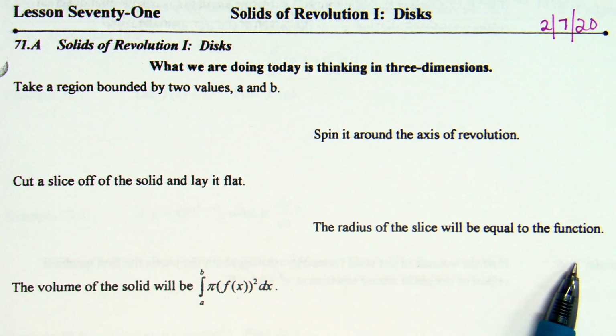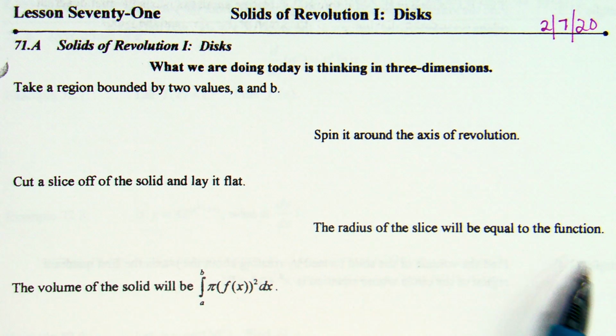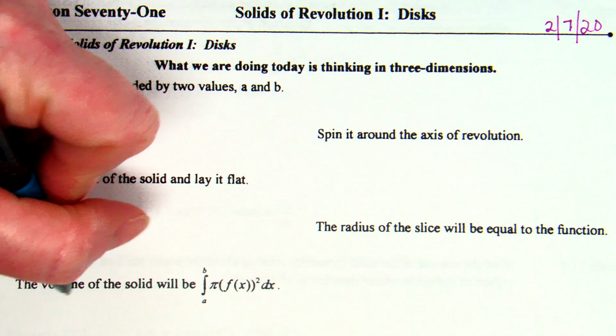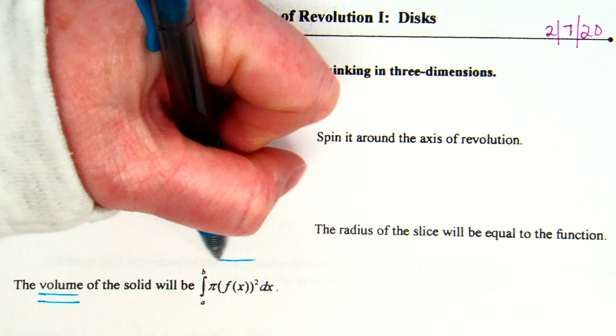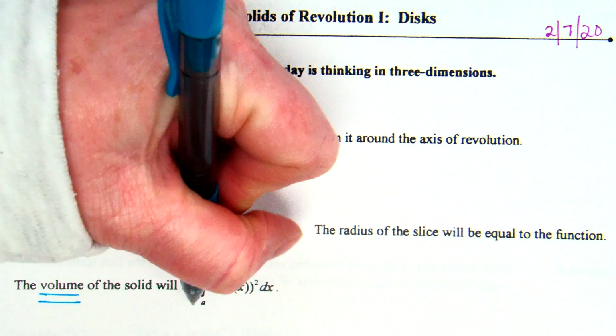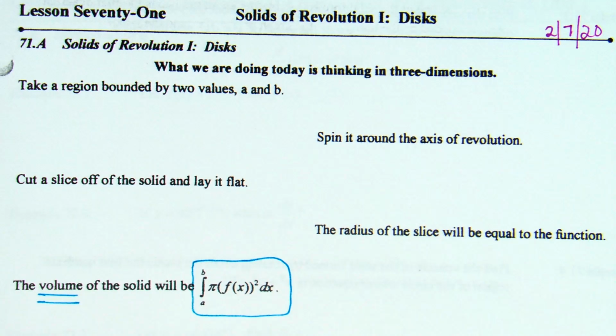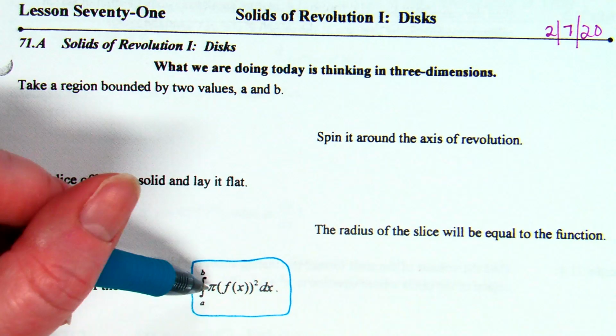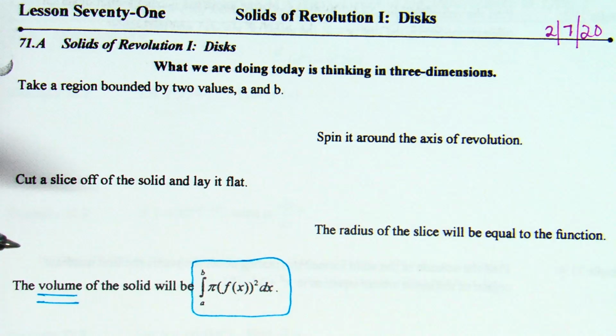And so when we talk about volume, the volume of the solid, when we're just rotating around a basic axis, is always going to be this format: the integral from a to b of pi times f of x squared dx.